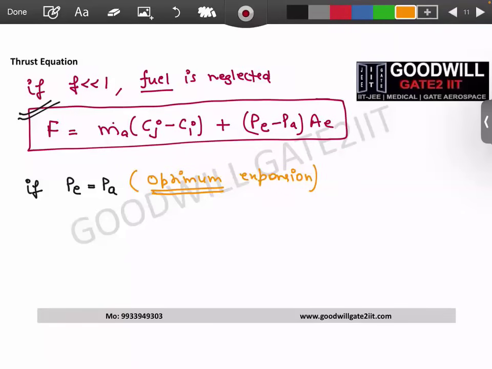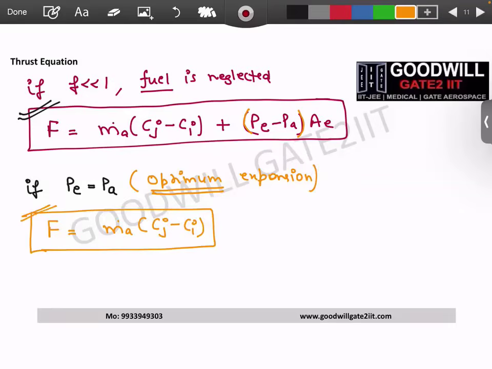But the people's mindset is, if you substitute PE and PA as the same, this pressure thrust becomes zero. So the only thrust we have now will be this expression. So for the optimum expansion case, thrust is equal to only this thrust, and your pressure thrust goes to zero.